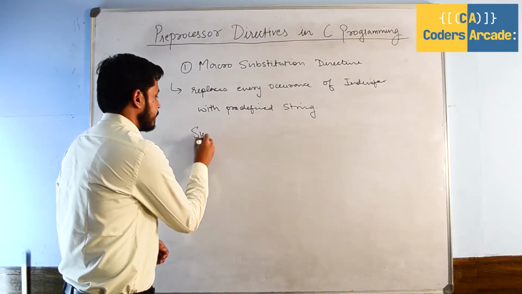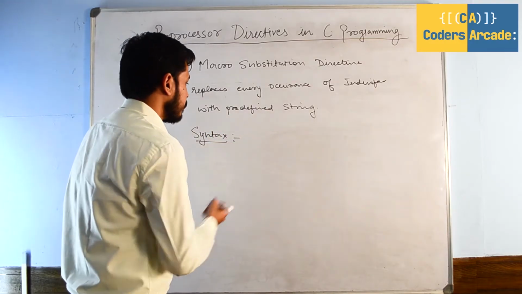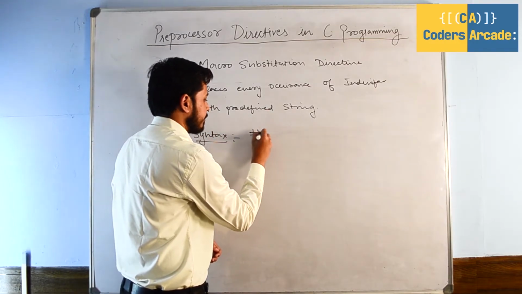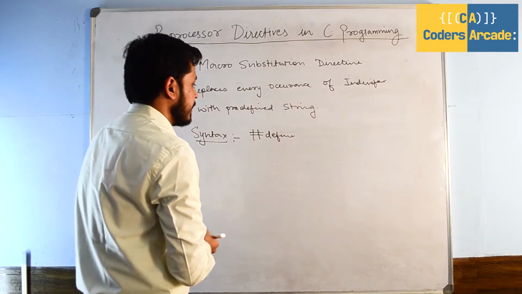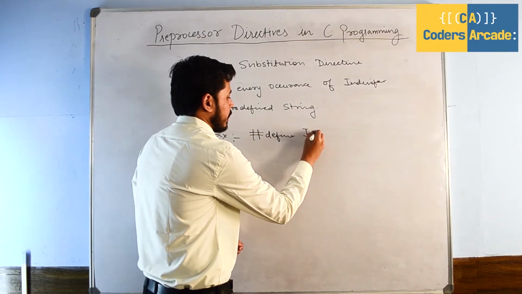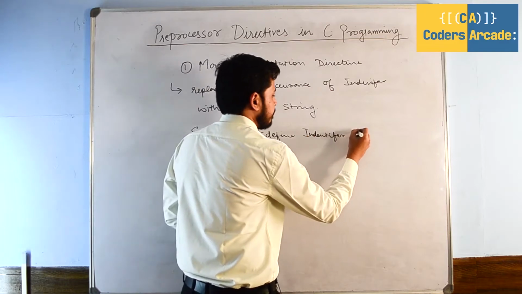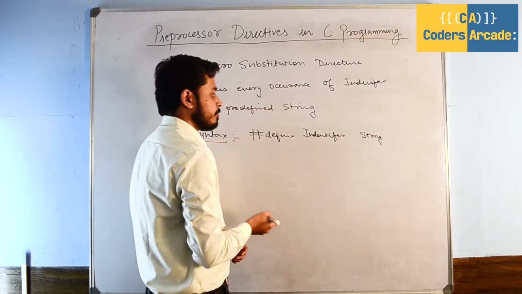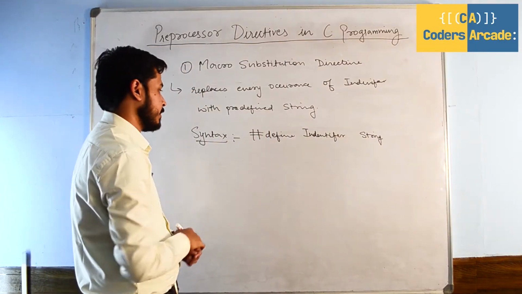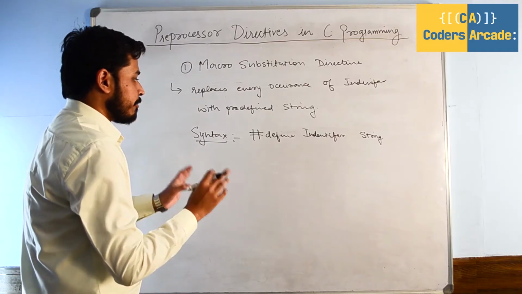So the syntax here is #define. To define a macro, we use #define, then the identifier, and then the string, or you can say the predefined string. So the syntax for this is this. So what is happening here?